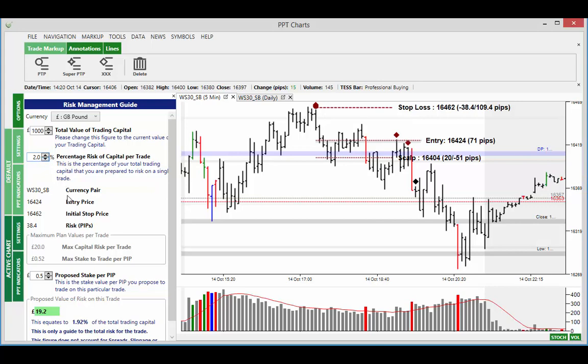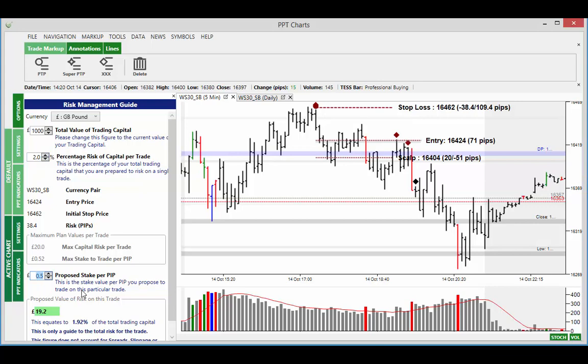So let's just go with 2% at the moment. We can see that we've got the code there for the market we're trading, the entry price, the initial price, the points at risk, and you can see the maximum capital risk per trade based upon 2% of 1,000, and the maximum stake is 52p.